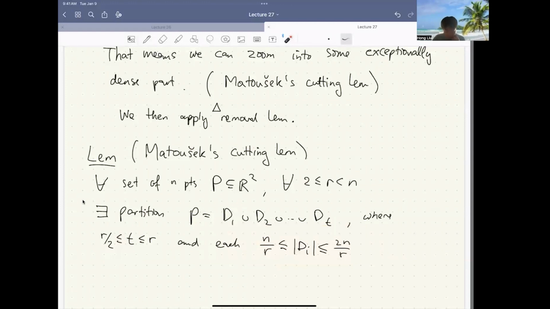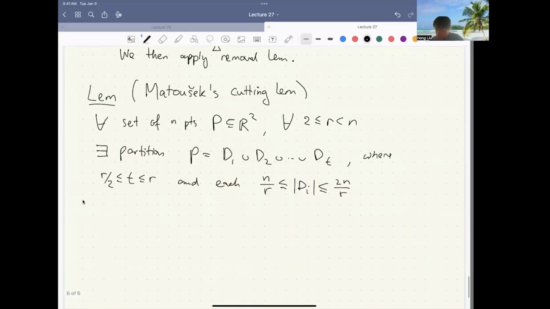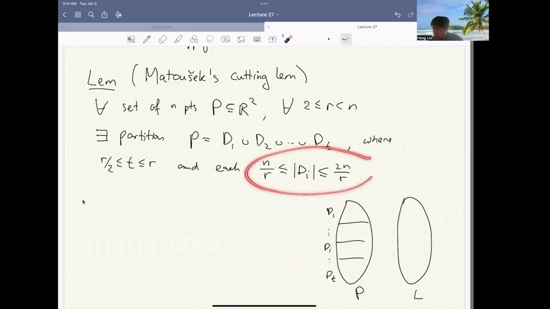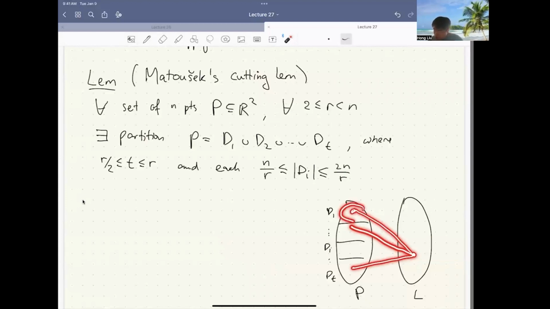Okay. What's important is the incidence graph point of view. You have points and lines, right? We can cut P into D1, Di, Dt, into t parts, such that each part is roughly the same size, and no matter which line you take, it only has incidences, it only crosses points in at most square root of r regions.